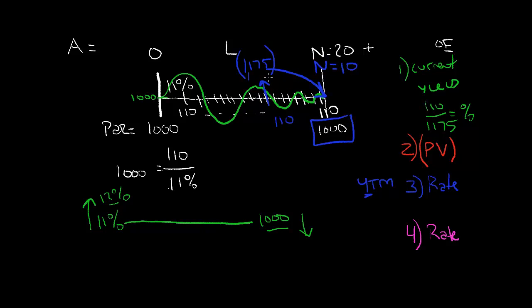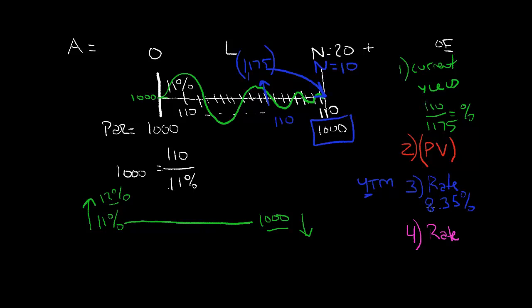So if you put in your calculator, or if you're looking for an Excel rate, all you have to do is put in PV as negative, N, this, and this, and you will get, I believe if I did it right, 8.35%. And that would be the rate that an investor would receive. So an investor that purchased this for $1,175 and held to maturity is going to receive the 8.35% annual return.